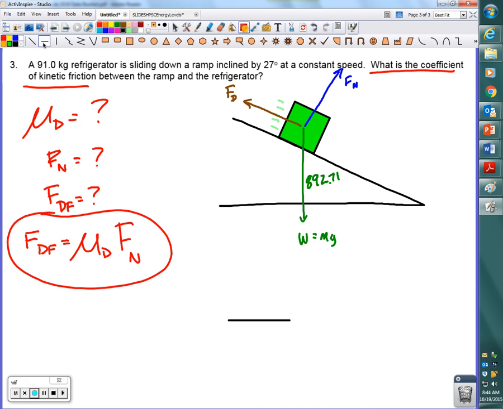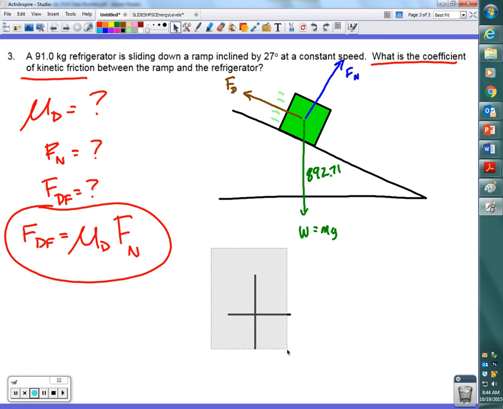Like we did before, there's an x-axis, there's a y-axis. Same problem, right? Two forces, not on the x-axis, not on the y-axis. We have to split up into components, but we don't know either one of them.